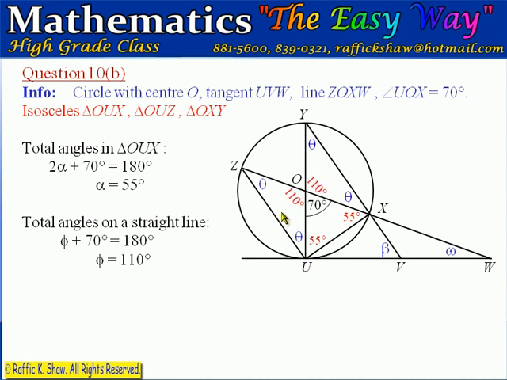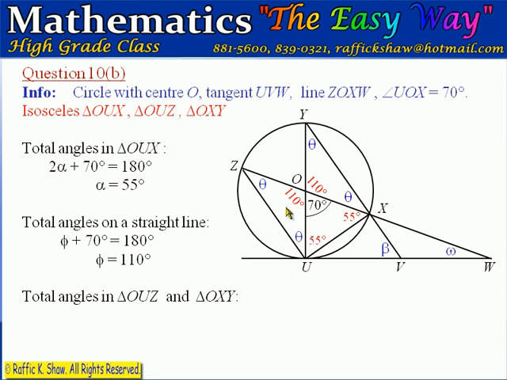And then in each of these triangles, the total angle is 180 degrees. Total angle in triangle OUZ, that's this one, and also in triangle OXY, that's this one, total angle in each case is 180 degrees.